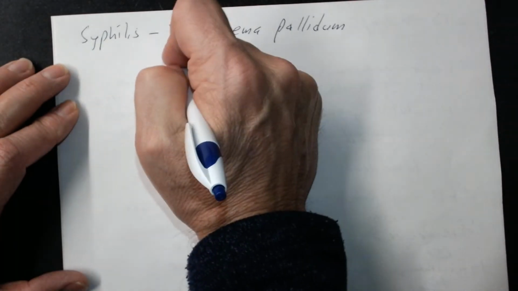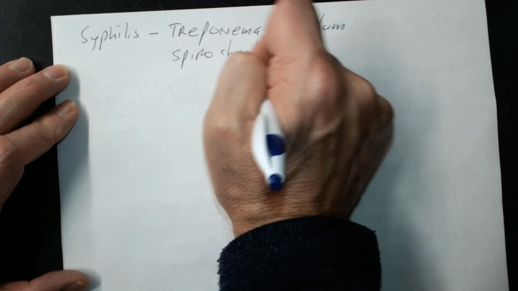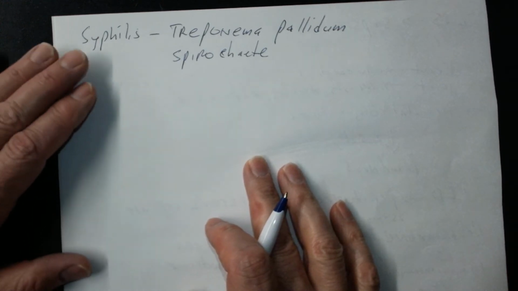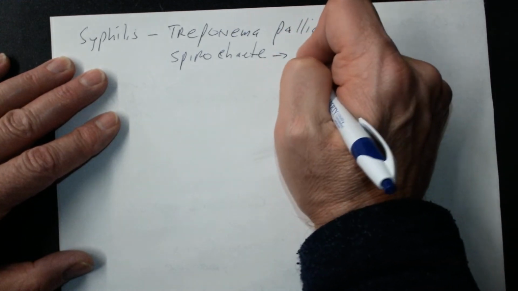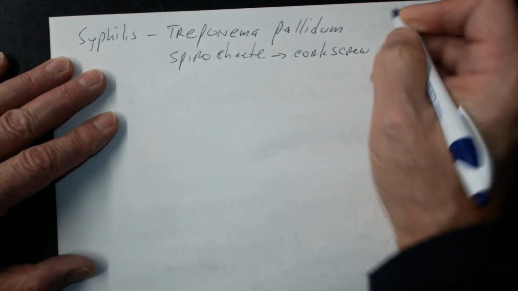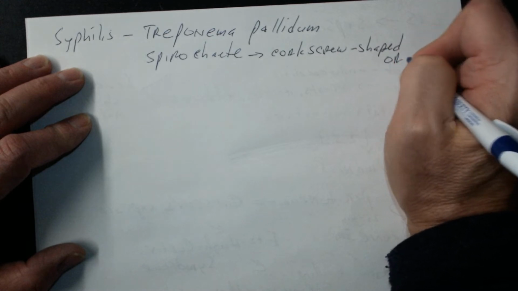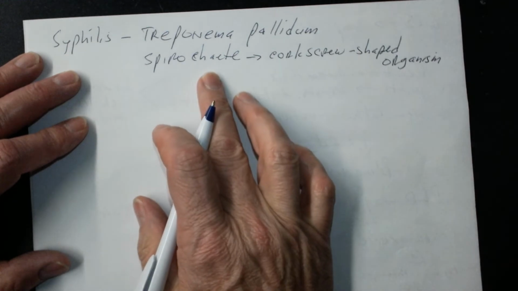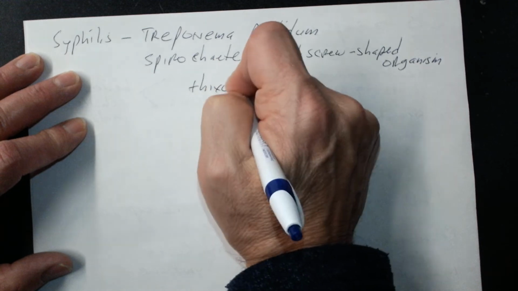Treponema pallidum is a spirochete. So this spirochete is a corkscrew shaped organism. The spirochete has a property called thixotropy.